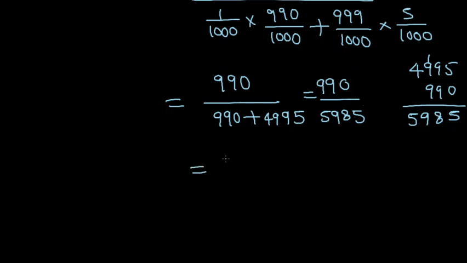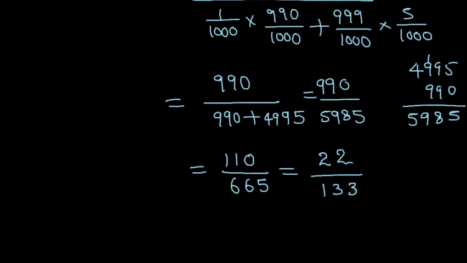Okay, if I cancel with the 9 table, and then cancel with the 5 table, we get 22 by 133.